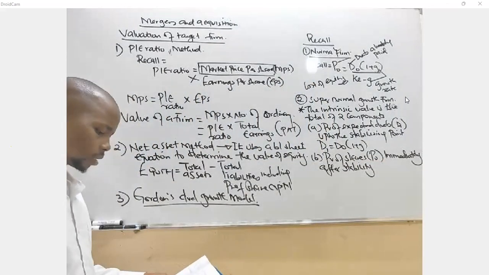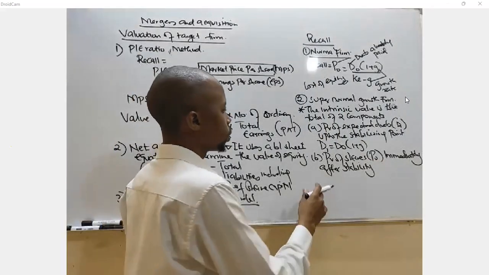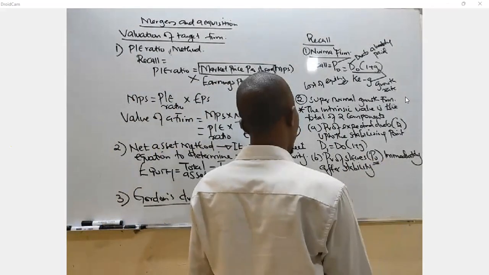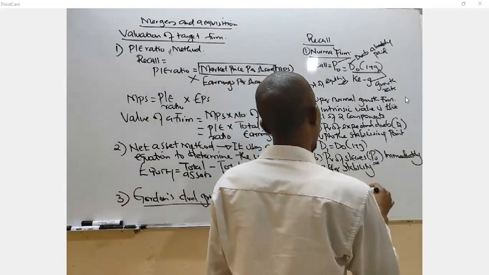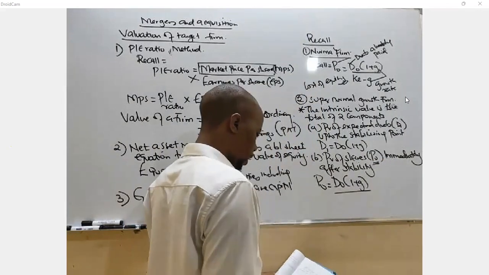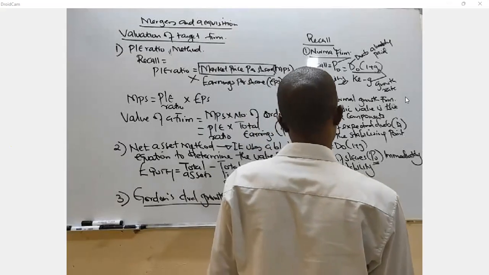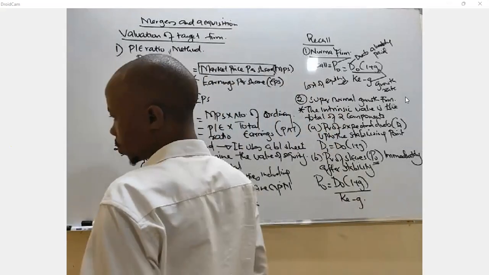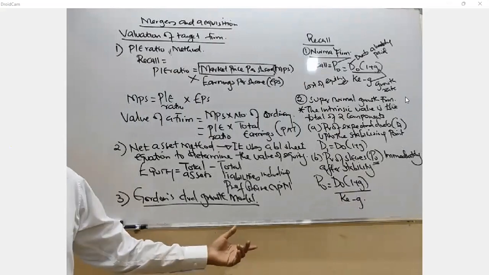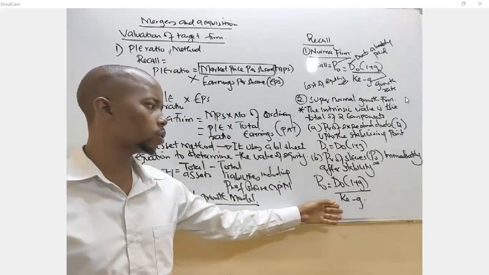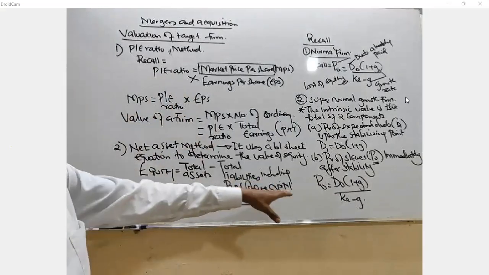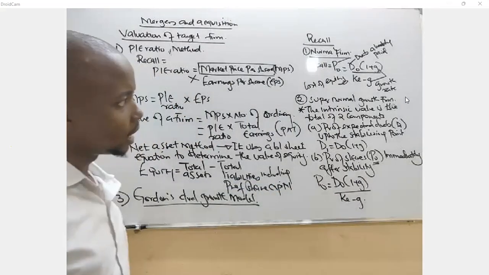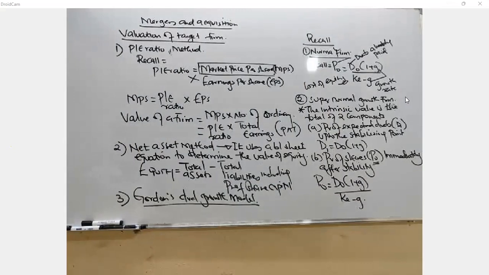Now, in this case, to get our P0, we are going to be taking D0 (1 plus g), you divide it by what? Ke minus g. That is the formula we used. Then the answer, we used to discount it to get the present value. These are the things which I'm just reminding you. I know very well that you are able to cover them under section 3.